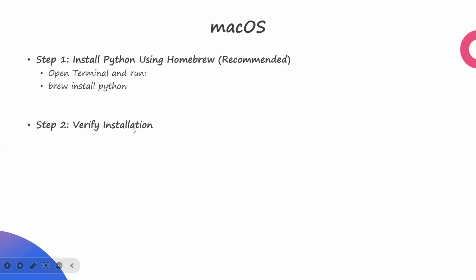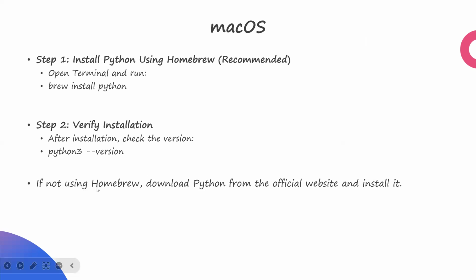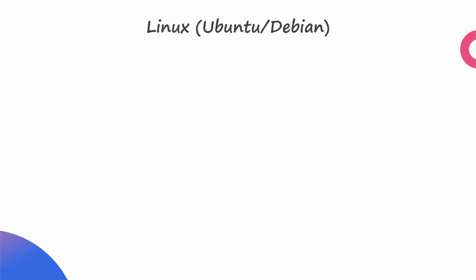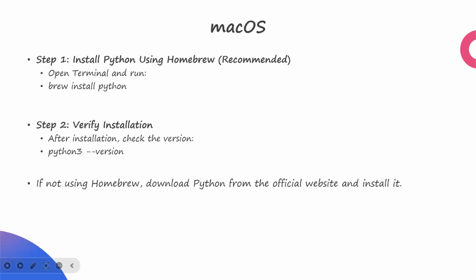To verify installation, just type python3 --version. And if you're not using Homebrew, go to the Python website and download it and run the installer the way we have done it. But make sure you're downloading it for Mac OS. I downloaded for Windows, so you have to download for Mac OS.